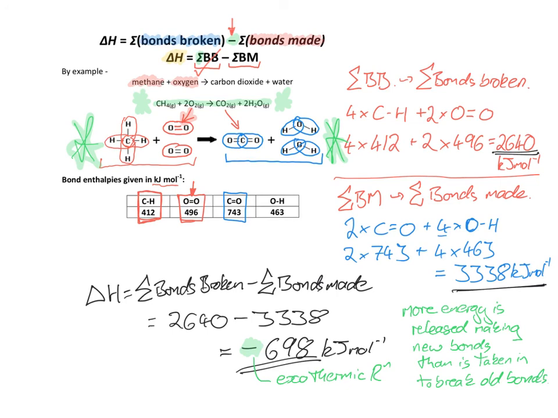One last thing I do want to say here, you'll notice that I broke all of the bonds on everything on the left, so all of these bonds were broken on the left and all of these bonds on the right were remade. Now, it may be that you come across reactions where some of the bonds appear on both sides. Easiest thing to do, break everything on the left, make everything on the right.